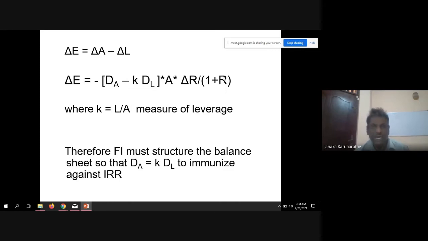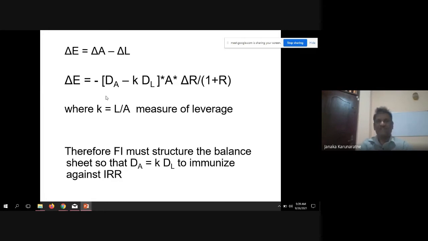So now, as risk managers, what is our target? What do you want to do? What is our ultimate objective?